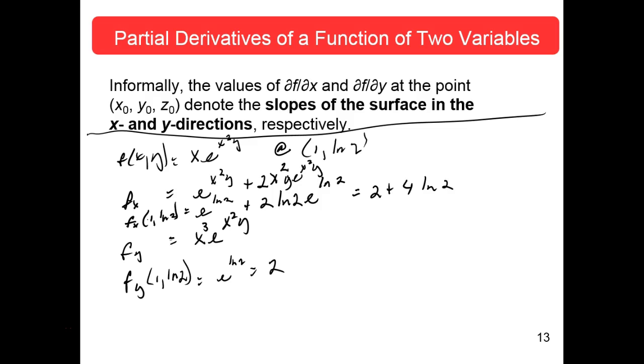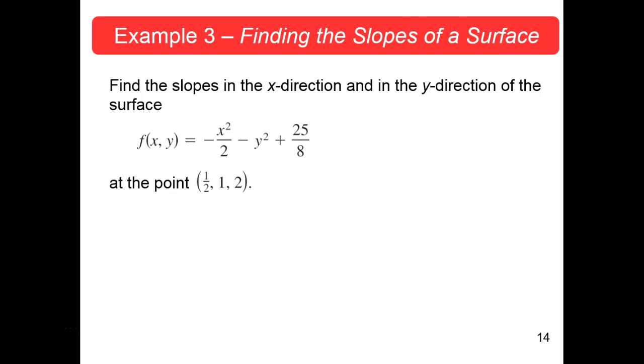Okay, they have e to the log 2, which is just equal to 2. Okay. They didn't do any more with it. Now we get to the slides we just did. Okay, where it says informally the values blah blah blah. We've already done that slide. Now they're ready for example 3.